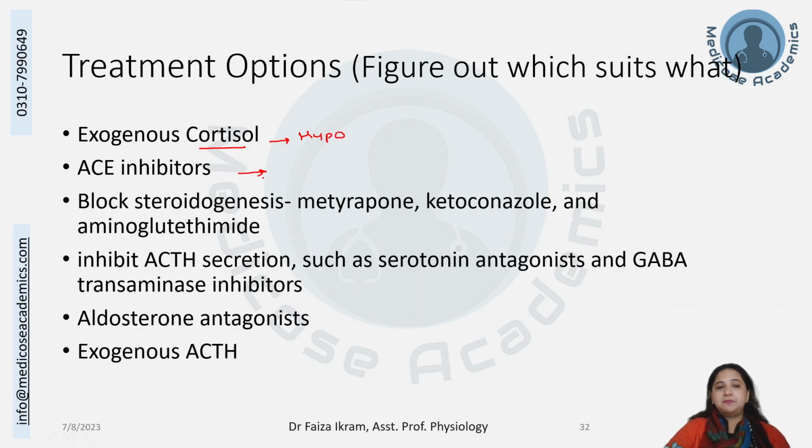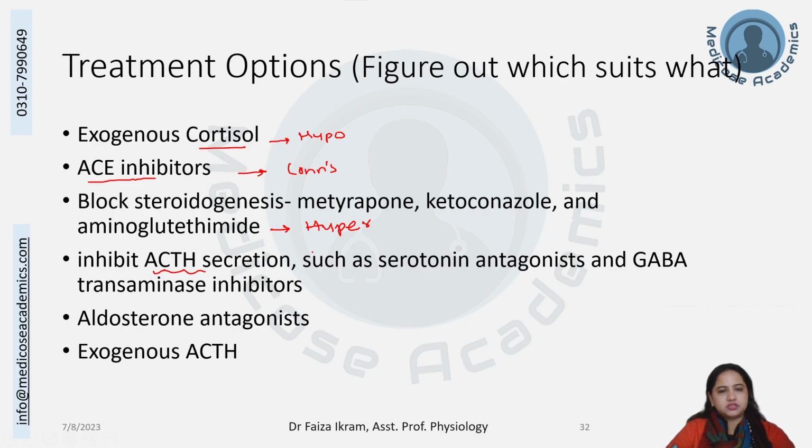If there is hyperadrenalism, for example, Conn's syndrome, you can give ACE inhibitors, angiotensin converting enzyme inhibitors. That might lead to somewhat decreased production of aldosterone. Block steroidogenesis. Again, if there is hyperadrenal cortical hormone production, these drugs might inhibit the conversion of cholesterol to pregnenolone.